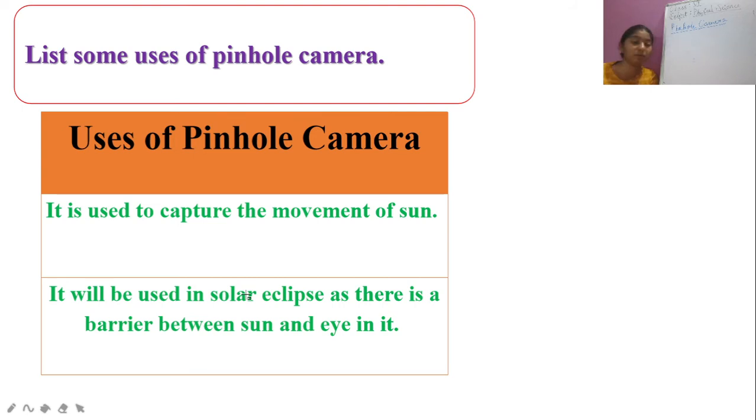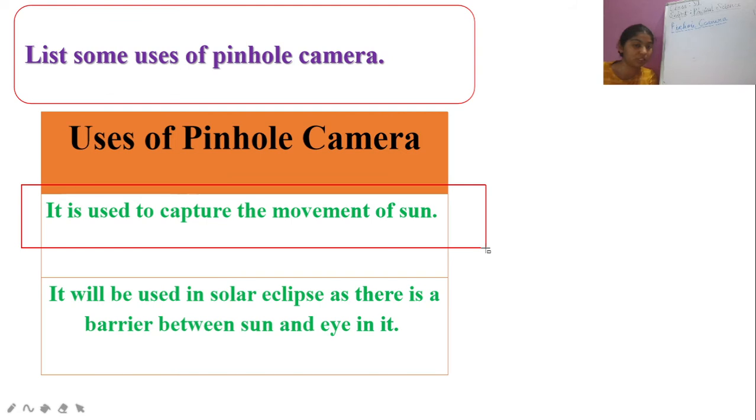It is very important, students, you can note it down, the movement of the sun with the use of a pinhole camera. It is also used in a solar eclipse. As there is a barrier between your eye and the sun, you can work with the help of this also to look at other things in our surroundings.